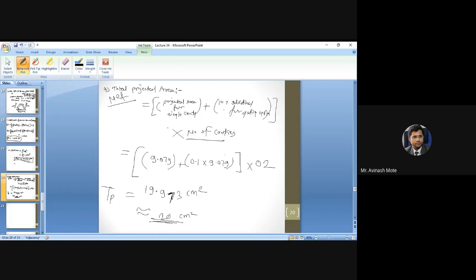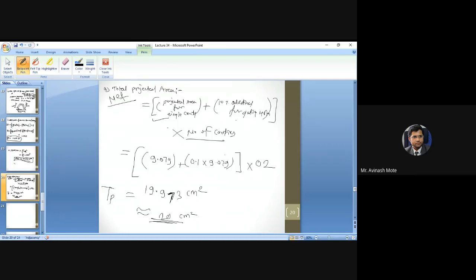How have we calculated it? We already have the projected area for a single cavity, calculated based on the surface area, and then we added the 10% additional area required for the gating system, because the gating system is part of the mold cavity, where we apply the pressure.